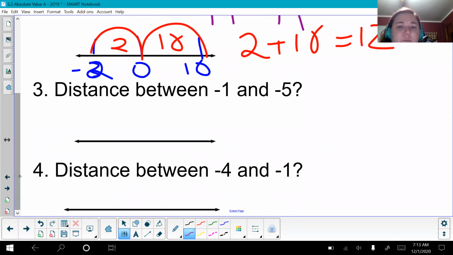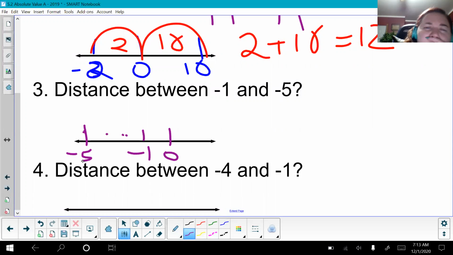But what if they're both negative? All right, well, 0's here, right? -1 would be here, and then somewhere further down the line, -5's here. How many spaces are between both of these that are negative?